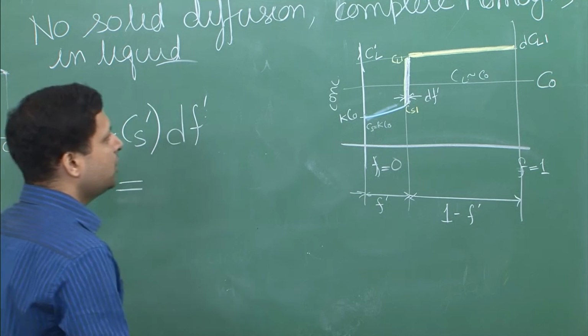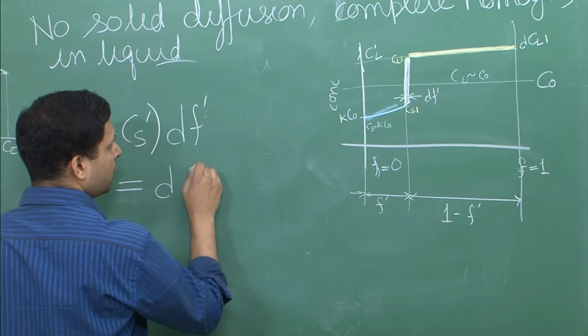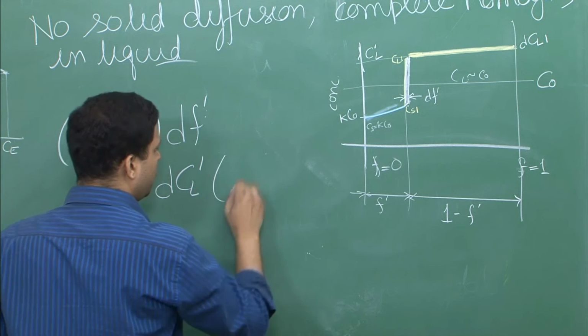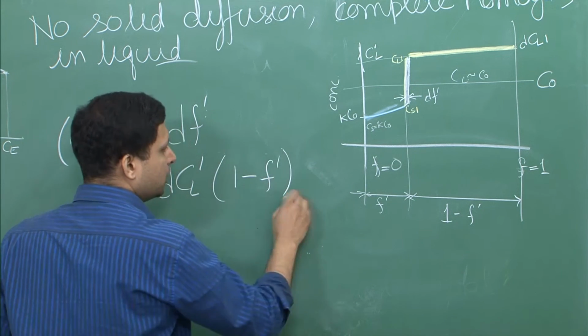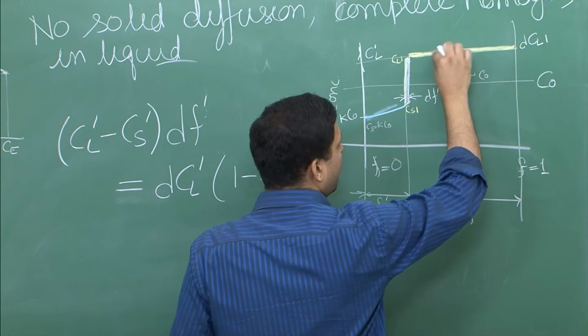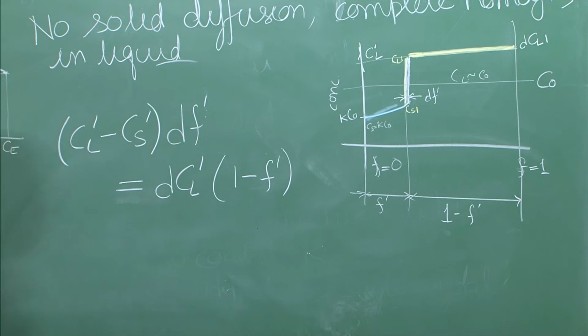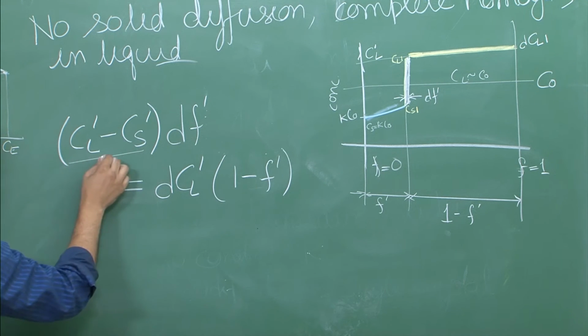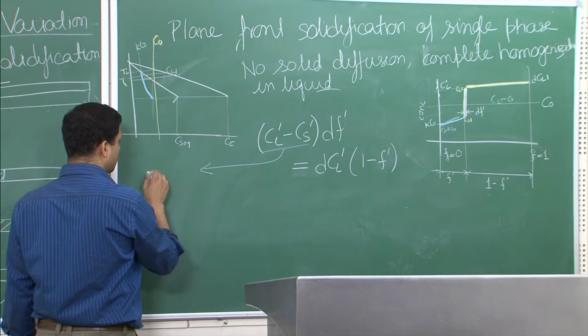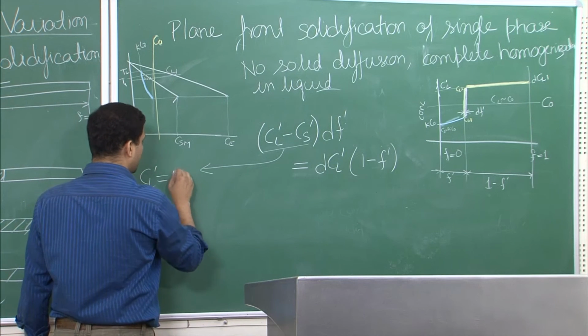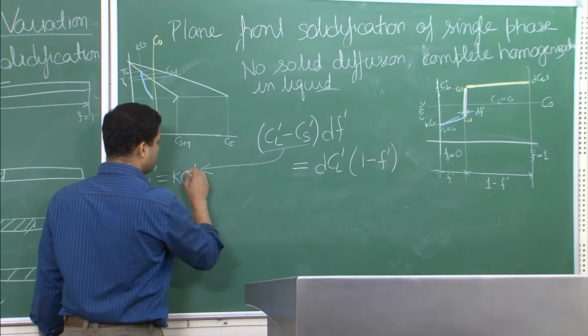What is this area? This area is equal to dCl prime into 1 minus f prime. So this is the length 1 minus f and this thickness is dCl prime. So we have set up a differential equation. Now let's try to solve it, and when we solve it we'll again invoke our equilibrium at interface. So Cl prime is equal to k Cs prime.